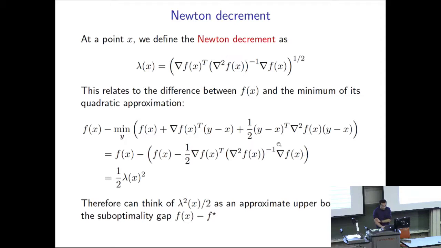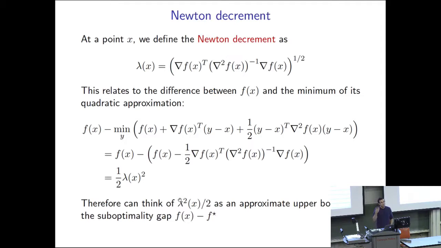So we already did this calculation. Minimizing this over all y gives me the Newton step. If you plug in the Newton step and look at the difference between f at x and the minimum of its quadratic, then that turns out to be exactly the square of the Newton decrement divided by 2.